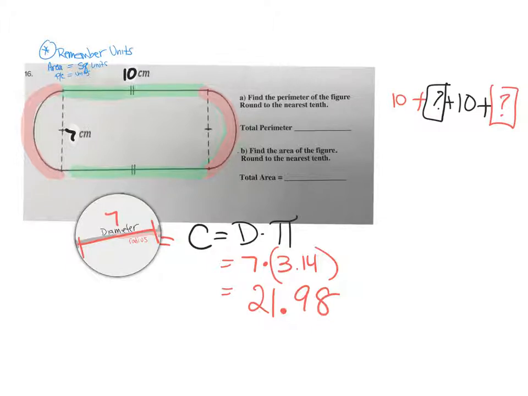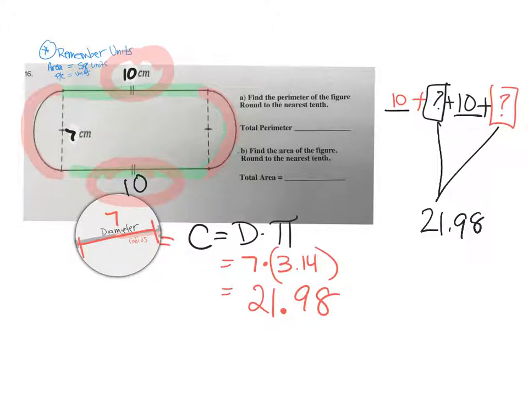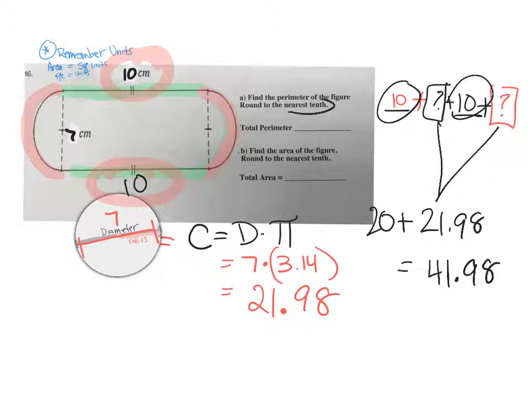That means that I am going to add up 10 plus 10, because that's what this part here is, and this together is 21.98. So really I'm adding the 20 plus 21.98. That gives me 41.98. If I'm asked to round to the nearest tenth, it's the first decimal place. Looking at the 8, it would tell the 9 to go up by 1.